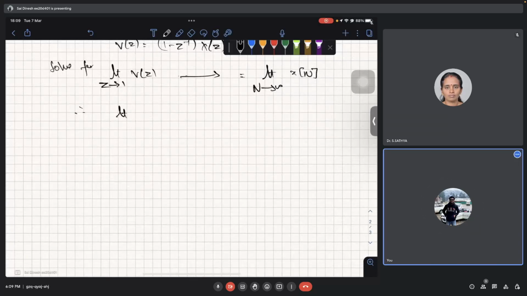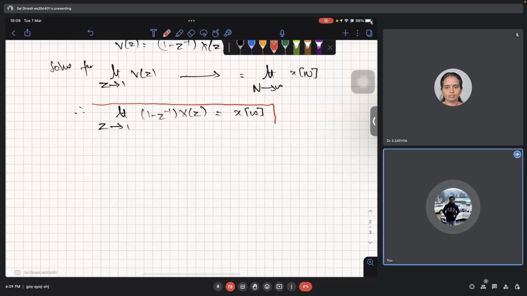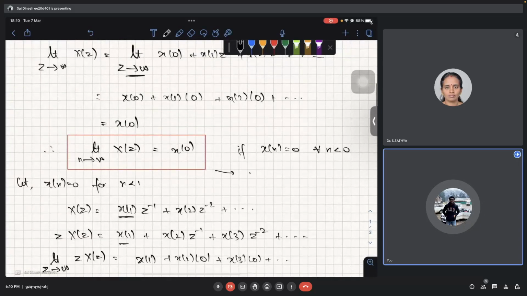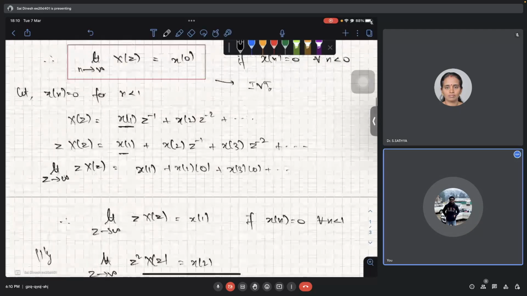Therefore limit z tends to 1 of (1 minus z inverse) times X of z is equal to x of infinity. I actually haven't gone through the details of the proof. It is there in the lecture notes. So this is the final value theorem, and the earlier one is the initial value theorem. So any doubts in this initial value and final value theorem?